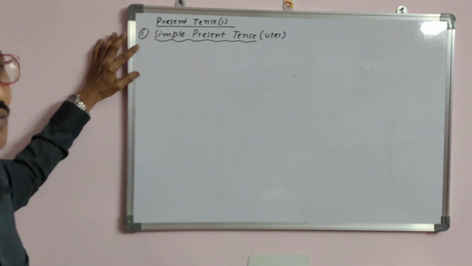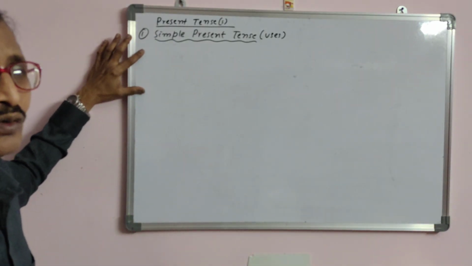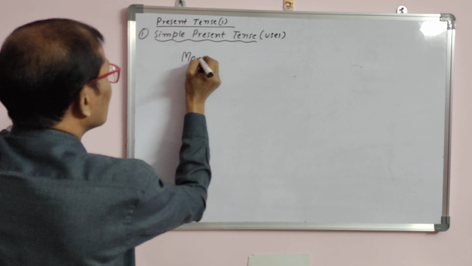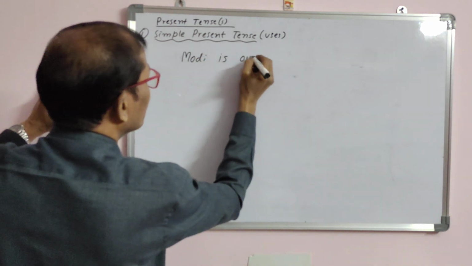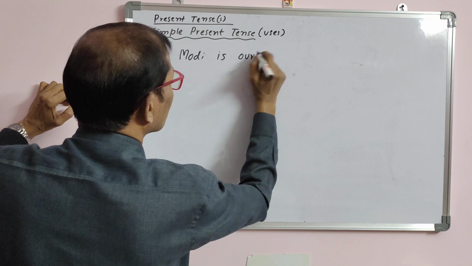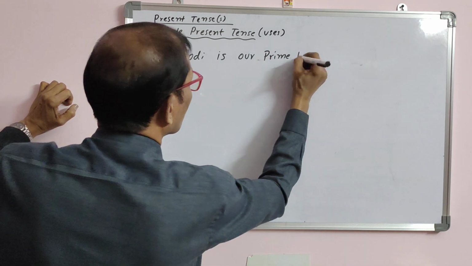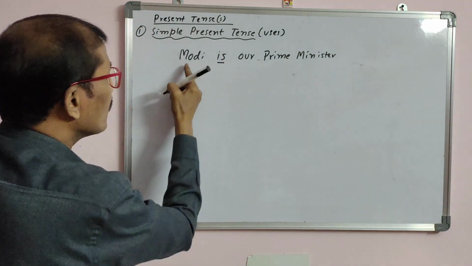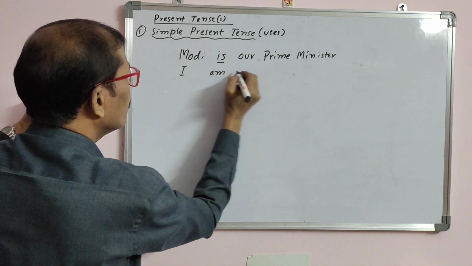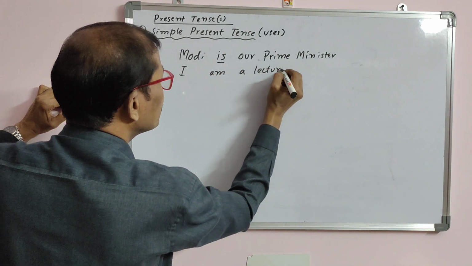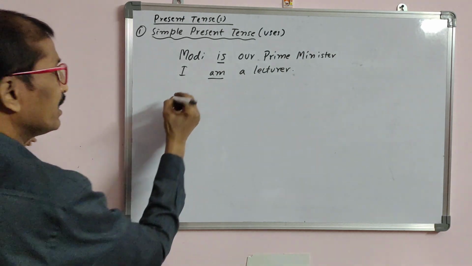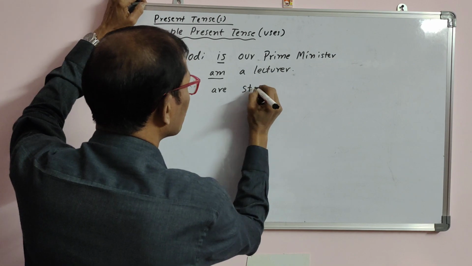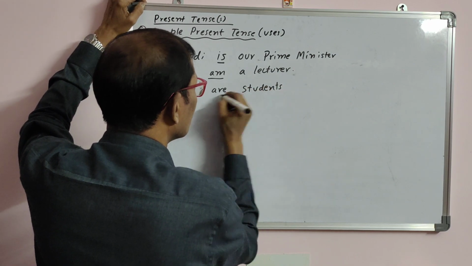Also, simple present tense is used to show our present status. For example, Modi is our Prime Minister. I am a lecturer. They are students.